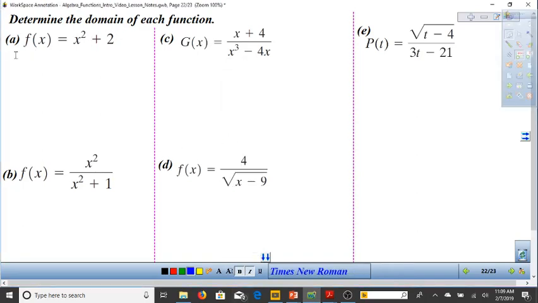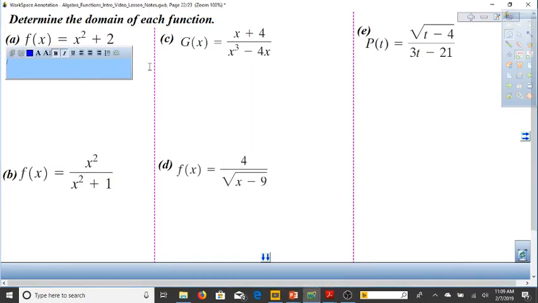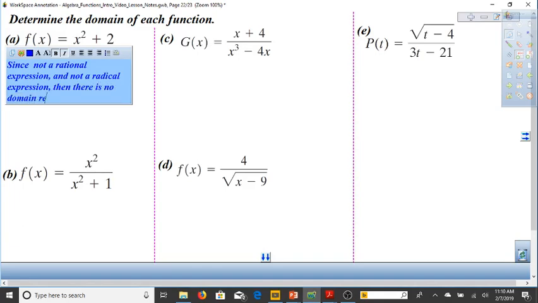In this case, we have no variable in a denominator and no variable under a radical, so we have no domain restriction.